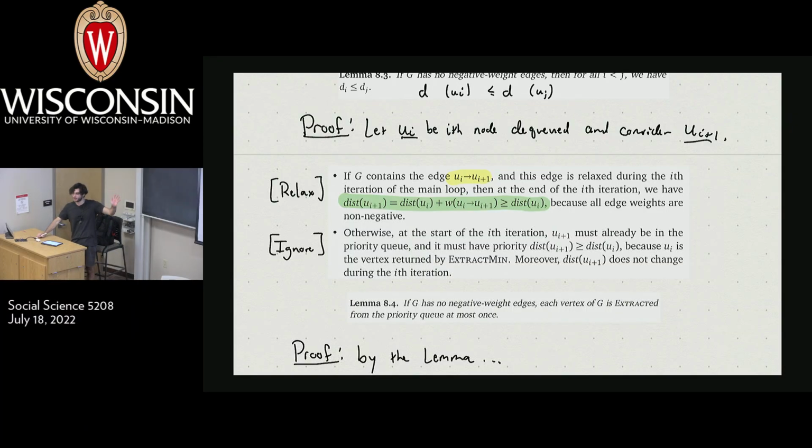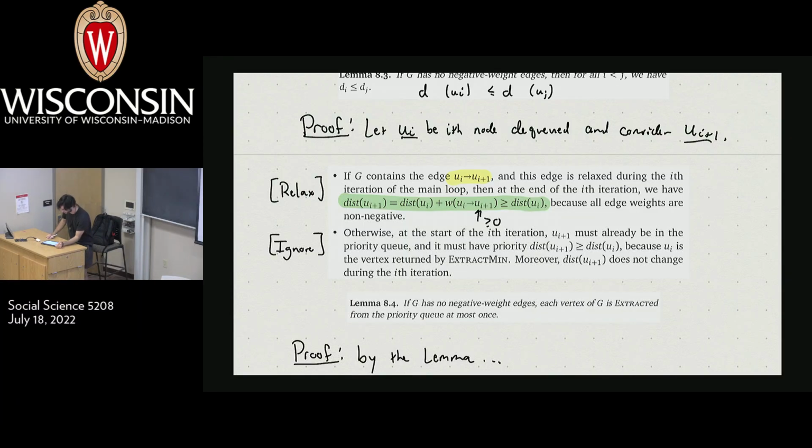And because the weights are non-negative, because this is at least 0, the total distance must be at least the distance of ui. So this is why negative edges are important. If that was negative, it could actually go down, and that's a problem. But because they're non-negative, we can only make the distances worse than the current node's. Okay? So if we relax it, we know it'll be larger than the distance of ui because of how we define the new distance.